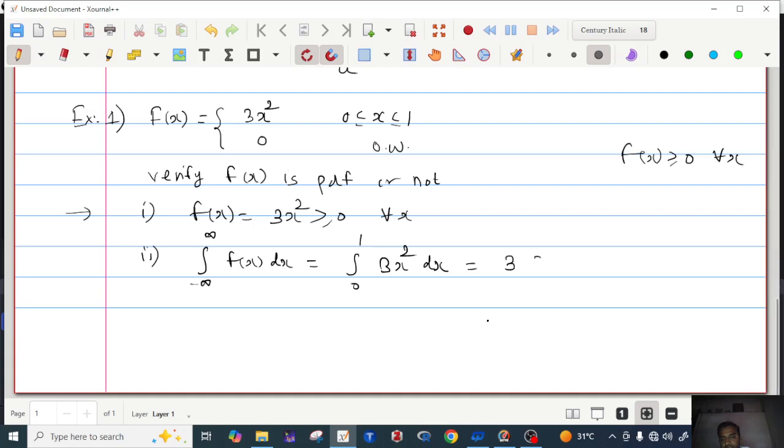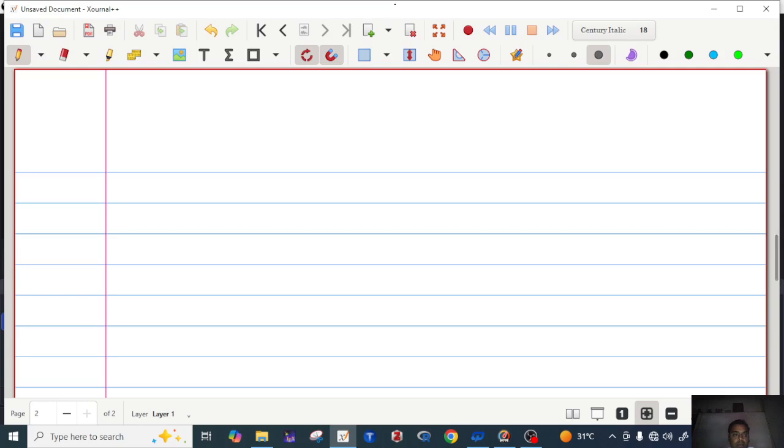The integration of x square is x cube by 3, from 0 to 1. The 3 gets cancelled. Put the values and you will get 1. Clearly both the conditions are satisfied here, so f(x) is a PDF. Let's see some more examples.